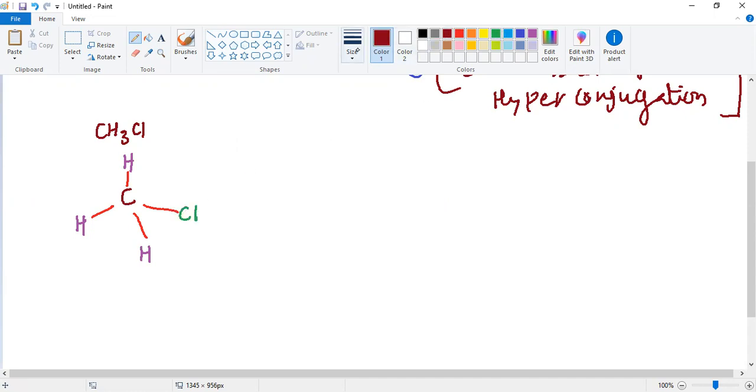We can easily understand this, my dear students, that we have a simple tetrahedral structure in this case.